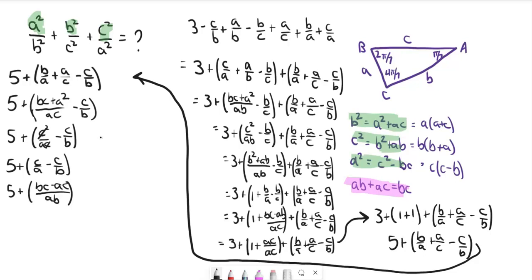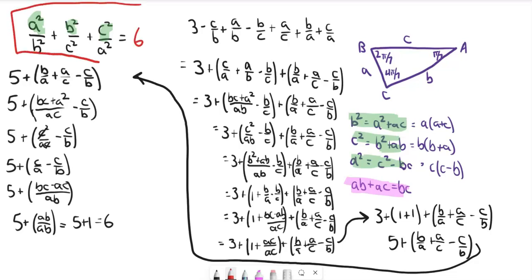Well, from the fourth identity, the one we have marked in pink, we know that bc minus ac will equal ab. So we'll have 5 plus ab over ab, which of course equals 5 plus 1, which equals 6. So I can go up here and say straight up matter-of-factly that a squared over b squared plus b squared over c squared plus c squared over a squared equals 6.